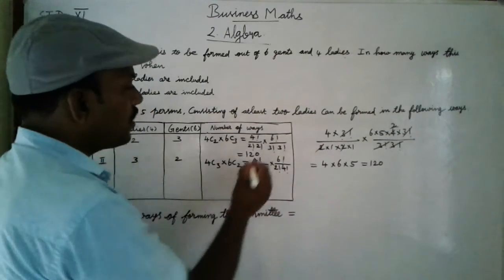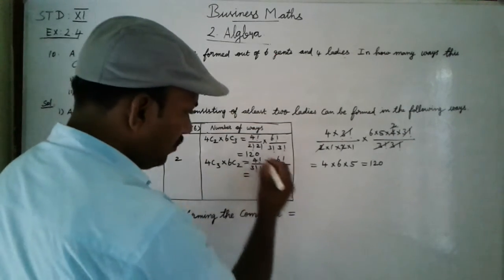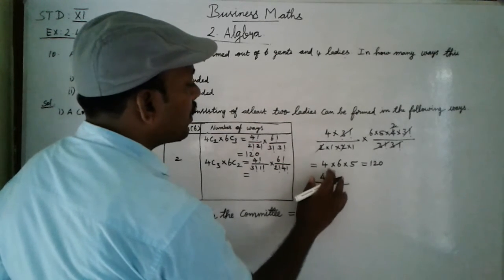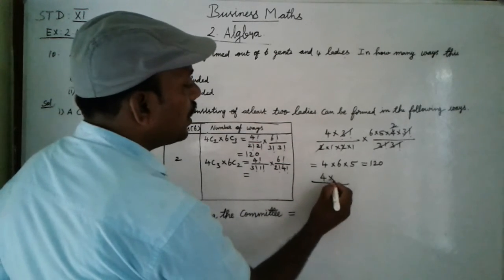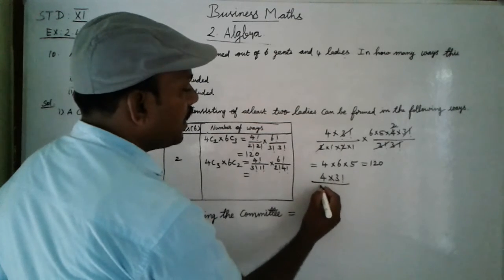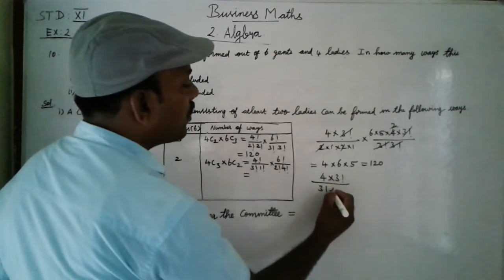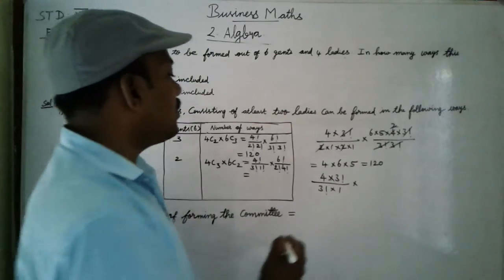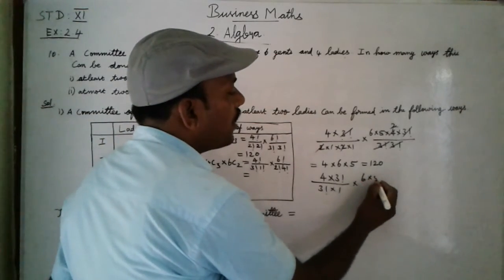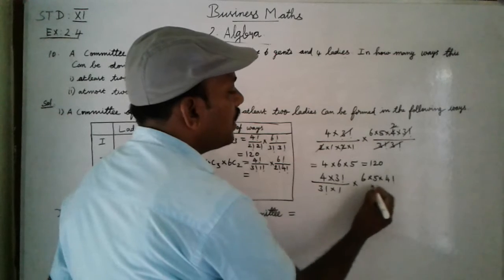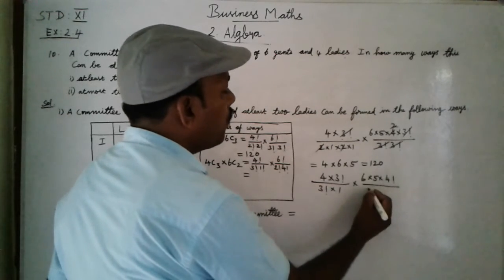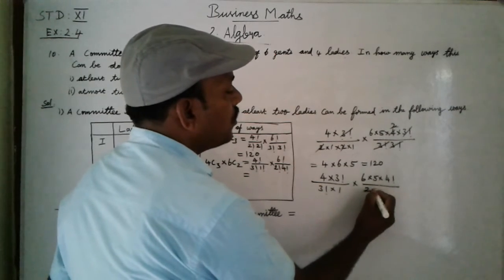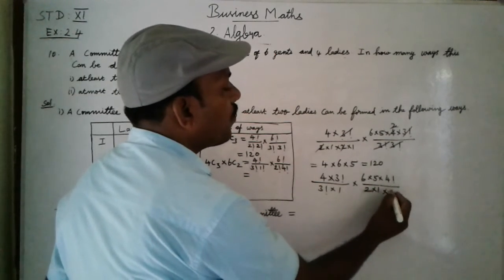4 factorial. Simplify this: the value is 4 factorial divided by, 4 factorial we should write 4 into 3 factorial, divided by 3 factorial, 1 factorial is what? 1, into 6 factorial, we should write 6 into 5 into 4 factorial, divided by 2 factorial is 2 into 1, into 4 factorial.